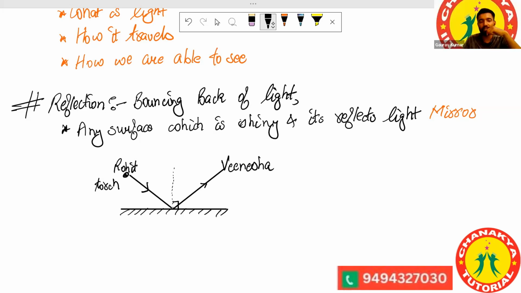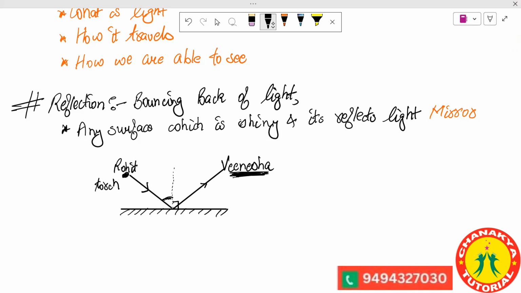Assume that Rohit is standing on this side holding a torch, and he is shining that torch towards the mirror at some angle. And you are standing on this side of the mirror. So will you be able to see the reflection of this light?